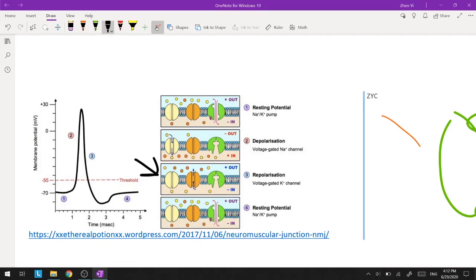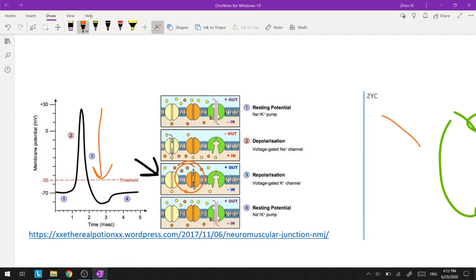This would briefly close the sodium ion channels, and no sodium ions will enter, but voltage-gated potassium ion channels, as depicted by the orange integral protein here, will open up to allow potassium to be released, which repolarizes the membrane and brings it back down to a level of restoration, to allow the membrane potential to go back to its original charge.